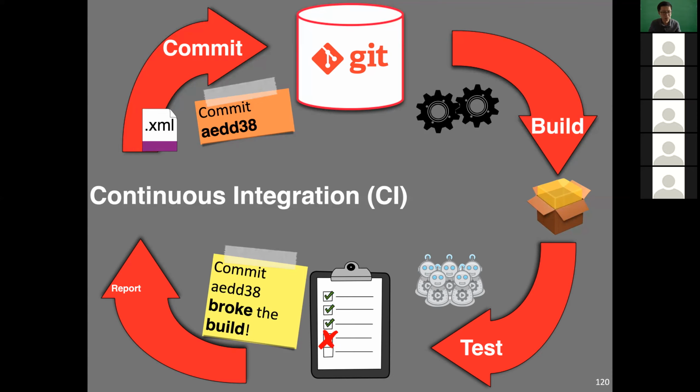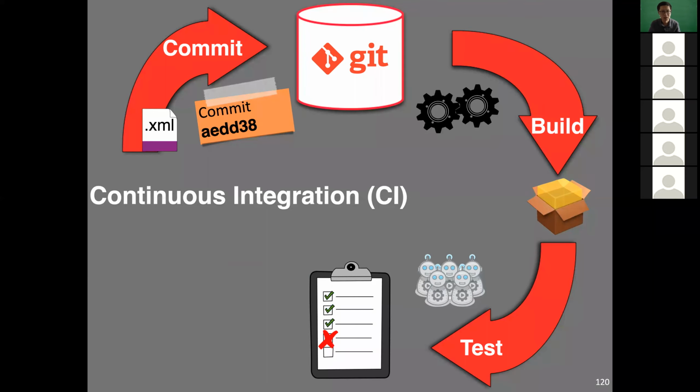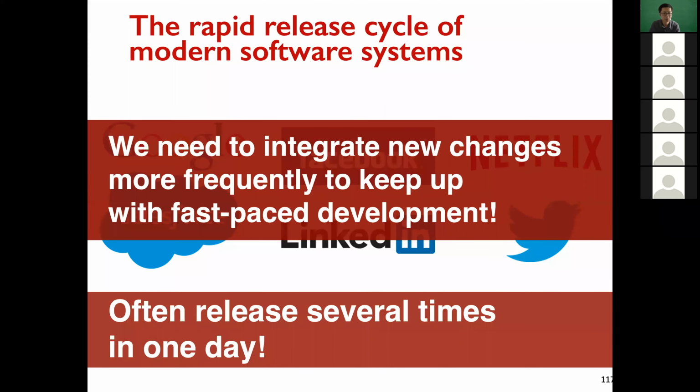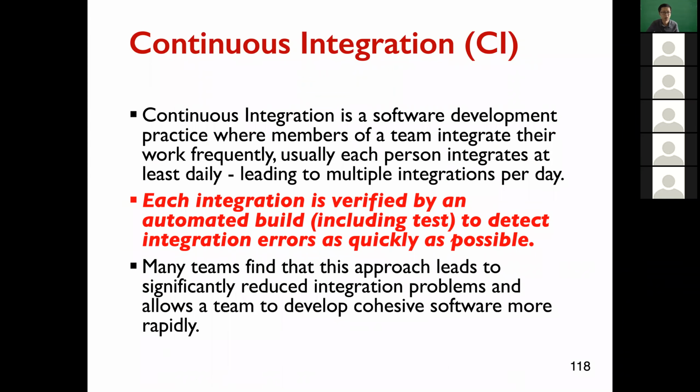So what is exactly continuous integration? Let's look at the formal definition. Continuous integration is a software development practice where members of a team integrate their work frequently. Usually each person integrates at least daily, leading to multiple integrations per day or even per hour sometimes.